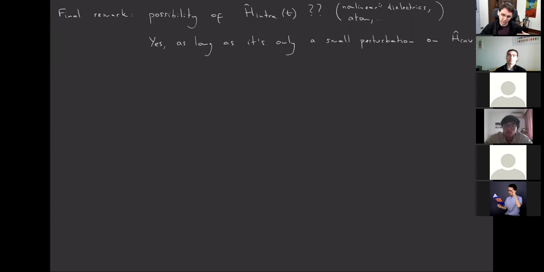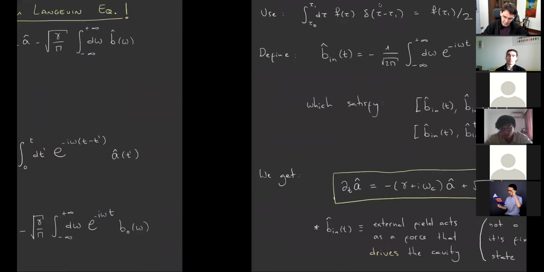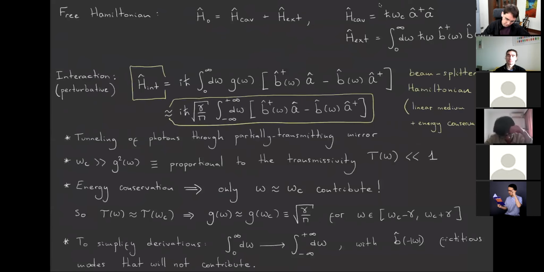And the reason for this is that I remind you that we have done certain approximations, and in particular, the main approximations we have done are contained in here, and in particular, we are assuming that only frequencies around the cavity frequency are contributing to the interaction, okay? But for this, we need that omega c is the energy scale that sets the basic energy scale. So this means that the cavity Hamiltonian is the one that is giving you this frequency omega c.